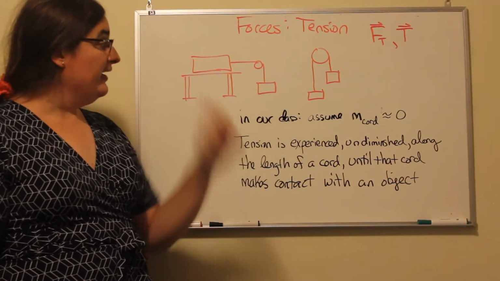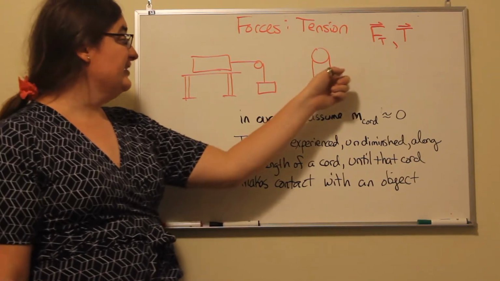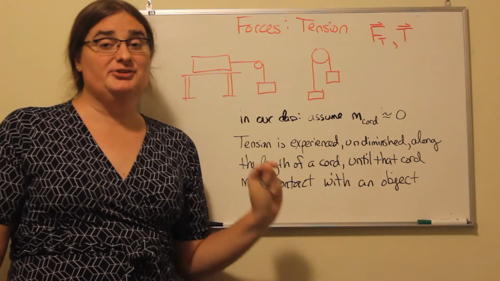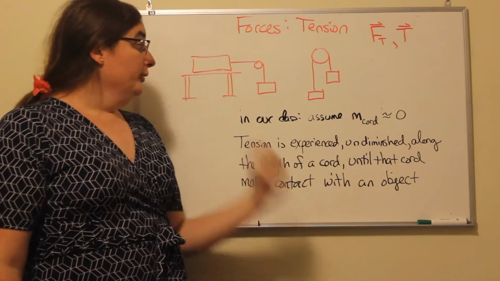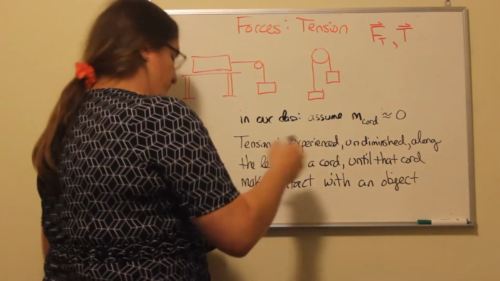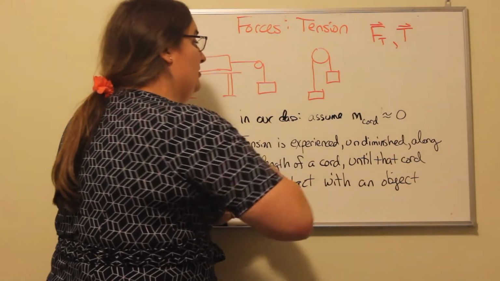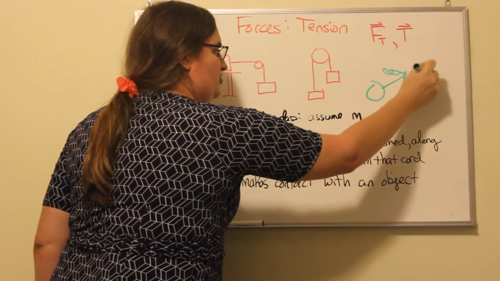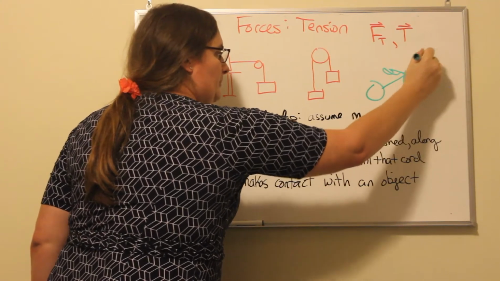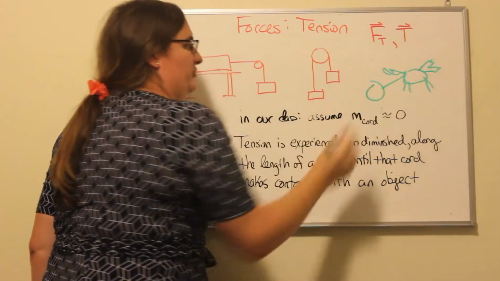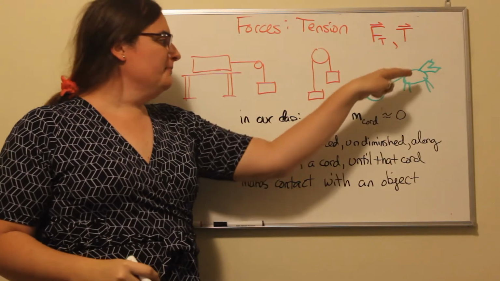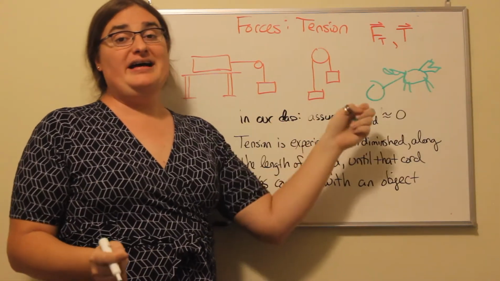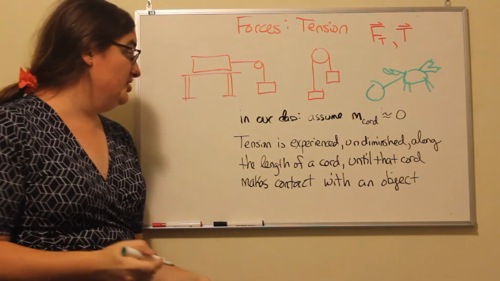And if I were to have, say, a pulley set up with masses on either side, which is also referred to as Atwood's machine, or if I just have, for example, a horse trying to pull a stone, and there's some sort of rope connected between the horse and the stone, that force all along that is the force of tension.